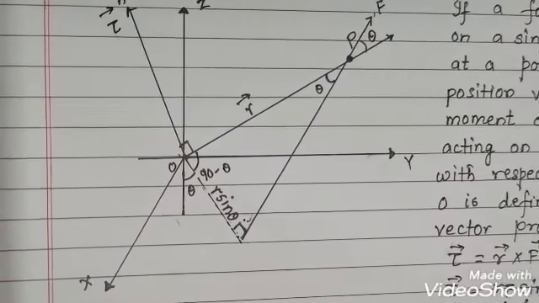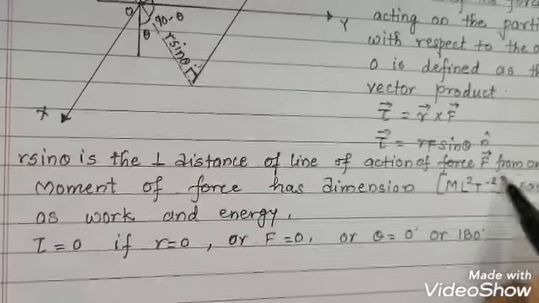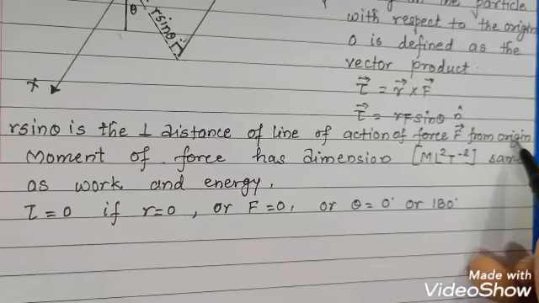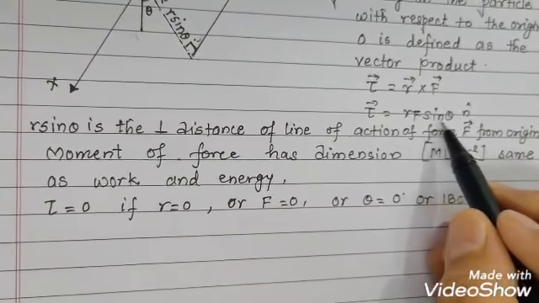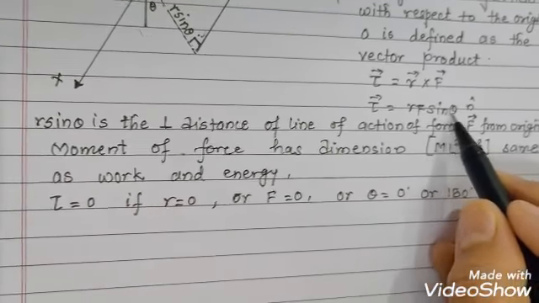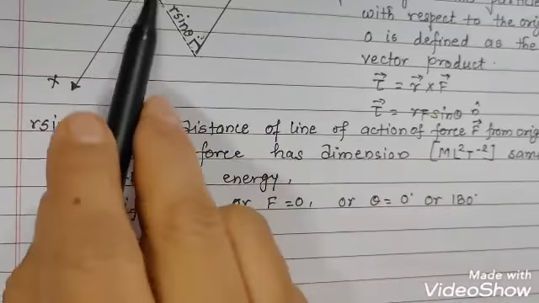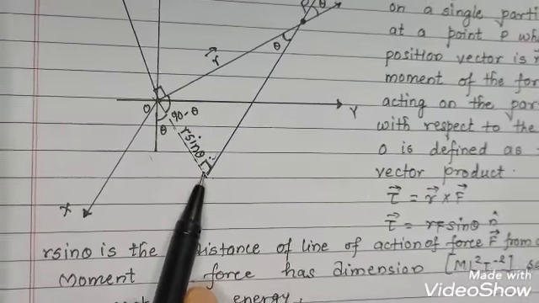So r sine theta is the perpendicular distance of the line of action of force F from the origin. So the magnitude of tau can be written as F into r sine theta, where r sine theta is the perpendicular distance of the line of action of force from the origin.